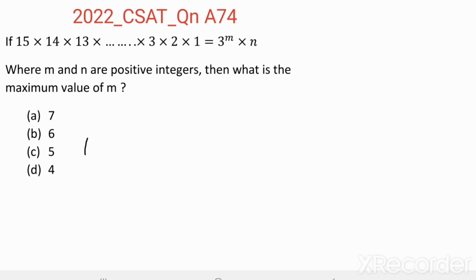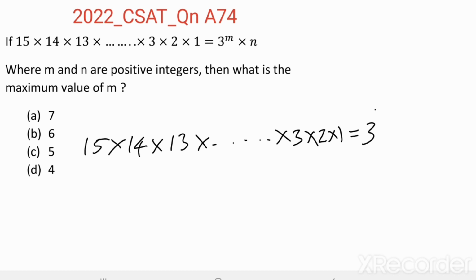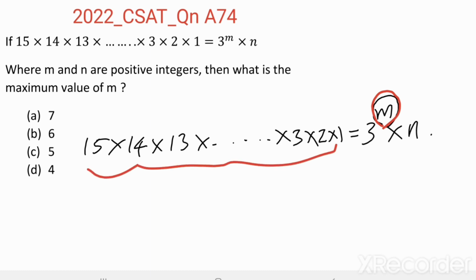We want to find maximum value of m, that is maximum power of 3 in this multiplication. So we know 15 into 14 into 13 into 12 into etc. up to 1, it is 15 factorial. 15 factorial equal to 3 power m into n.